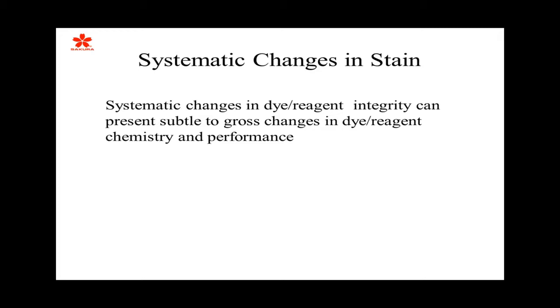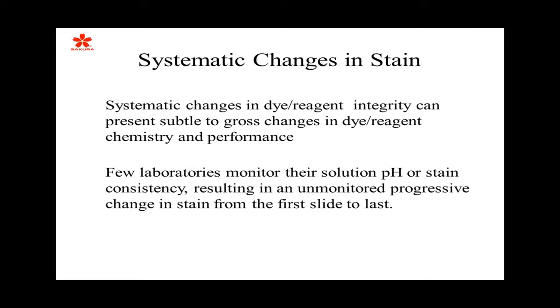Systematic changes in dye and reagent integrity can present subtle, slow, or progressive gross changes in the dye and reagent chemistry and performance, meaning that basically few laboratories monitor their solution and the pH or stain consistency, resulting in unmonitored progressive changes in the stain from the first slides to the last.